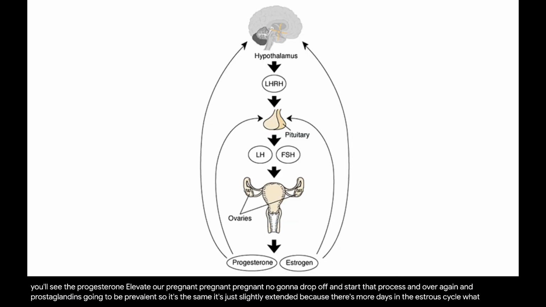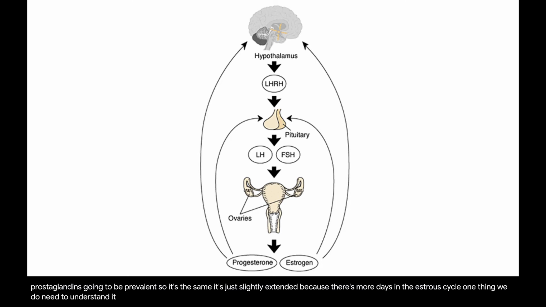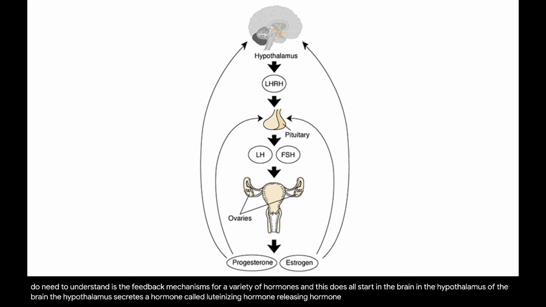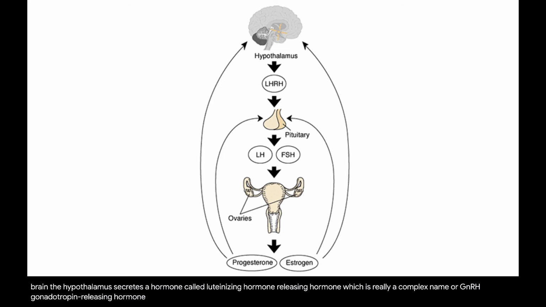One thing we do need to understand is the feedback mechanisms for a variety of hormones. This does all start in the brain, in the hypothalamus. The hypothalamus secretes a hormone called luteinizing hormone releasing hormone, which is really a complex name, or GnRH, gonadotropin releasing hormone.